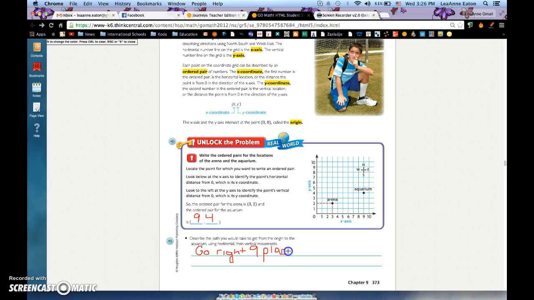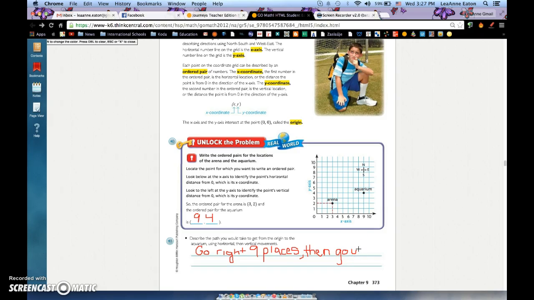And we always start with going left or right. So we're going right 9 places, comma, then, because we're going to use proper English skills, because I'm not there. So got to make sure you're using your proper English. So go right 9 places, then go. How do we get to the aquarium now? We've gone right. Do we need to go up or down? Yes, we go up.